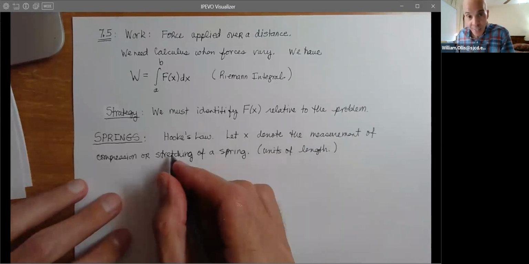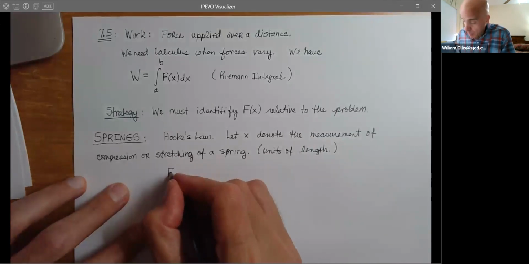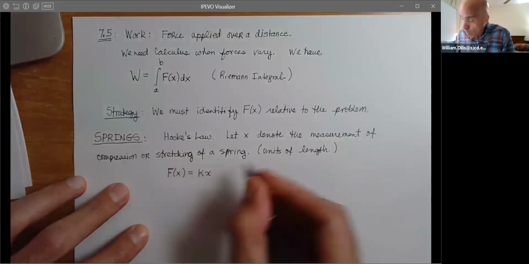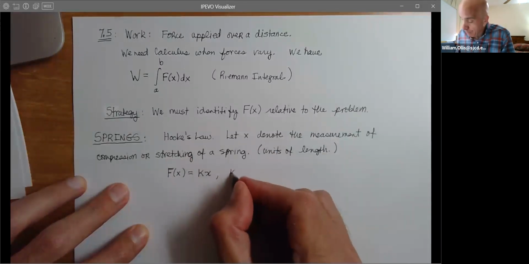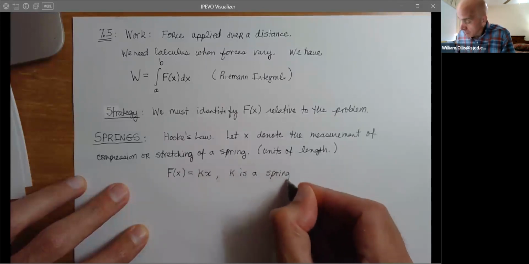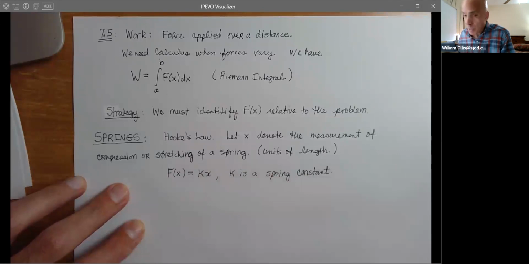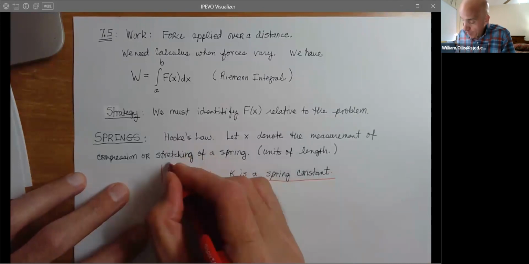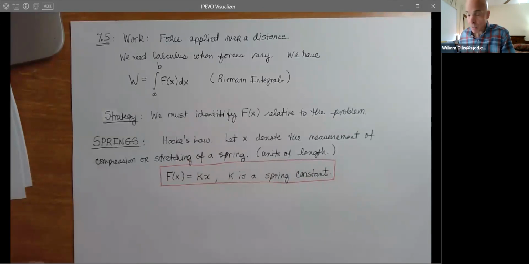And Hooke's law is easy. The force, not writing this as a vector equation, just as a scalar equation, will be kx, where x denotes the measurement of compression or stretching, and k is a spring constant. So we can figure this out based on some given information. So when we talk about Hooke's law, we have a very simple way to define or identify the force when we're dealing with springs.